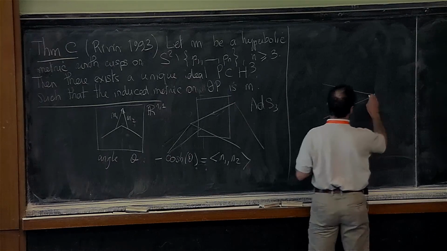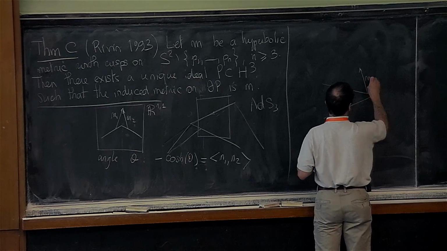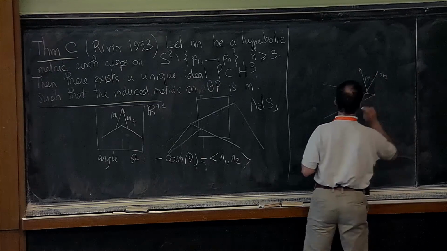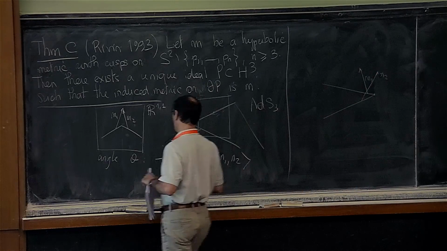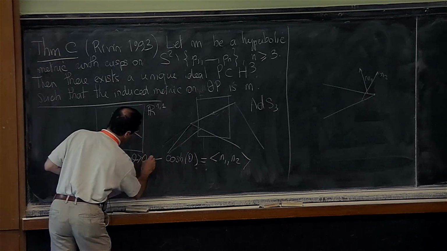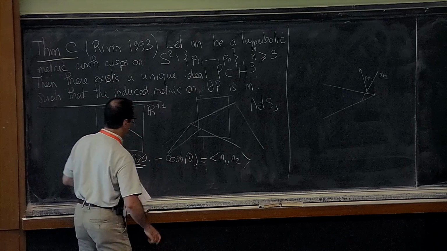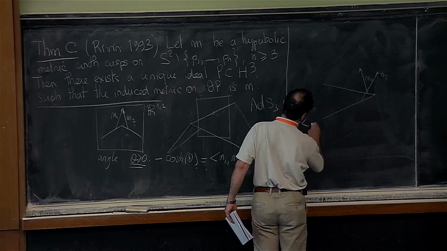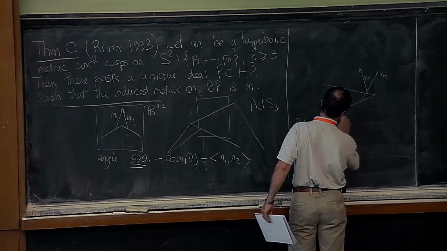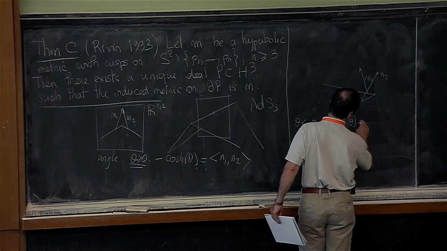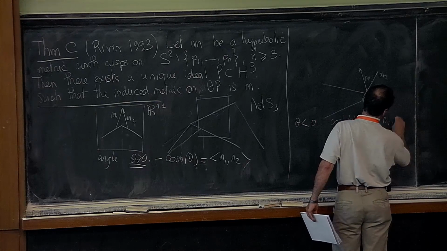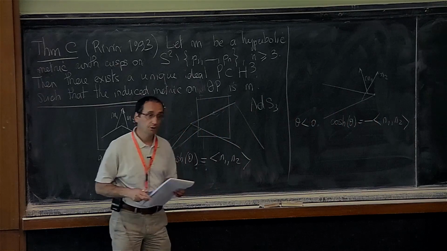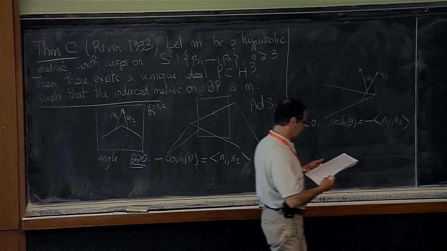In this case you have this Lorentzian normal N1, this Lorentzian normal N2, and then you have a slightly different definition. Actually it's going to be the same formula, but in this case, for some reason, we want to take theta positive, and here we take theta negative, and you define it such that cosh of theta is equal to minus N1 scalar N2. I don't want to explain why this is a natural definition, but it turns out this is what we need for what we want to do.